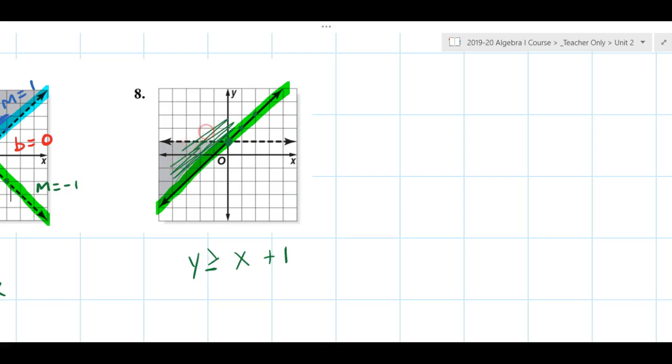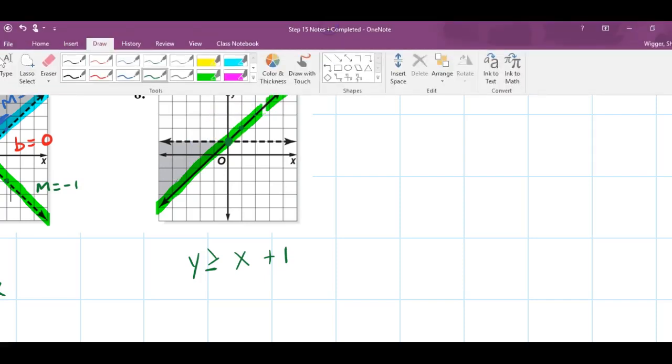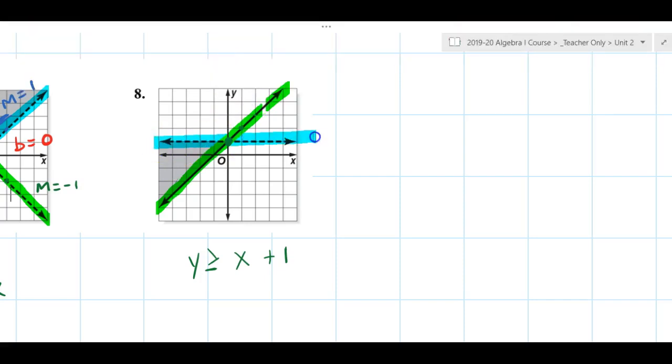Erase this so we can get a better look at our horizontal line. Again, we have a y-intercept of 1. And a horizontal line has a slope of 0, going up 0 over however many. 0 on top of a fraction over any number is going to equal 0.